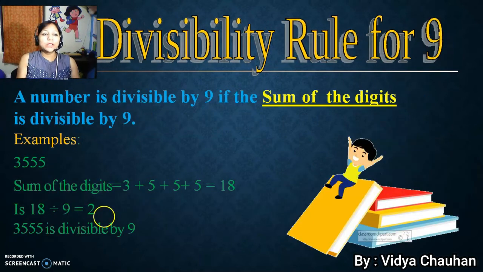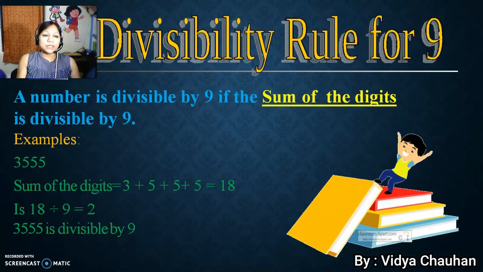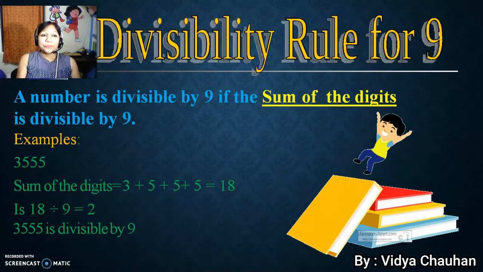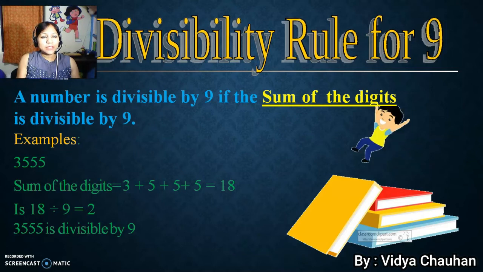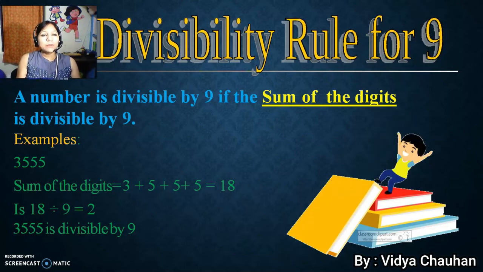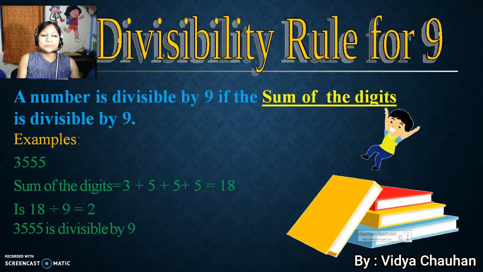Moving forward to the divisibility rule for 9. A number is divisible by 9 if the sum of the digits is divisible by 9. This is somewhat like the divisibility rule for 3. There we were checking whether the sum of the digits is divisible by 3. Now if the sum of the digits is divisible by 9, it will satisfy the divisibility rule for 9.